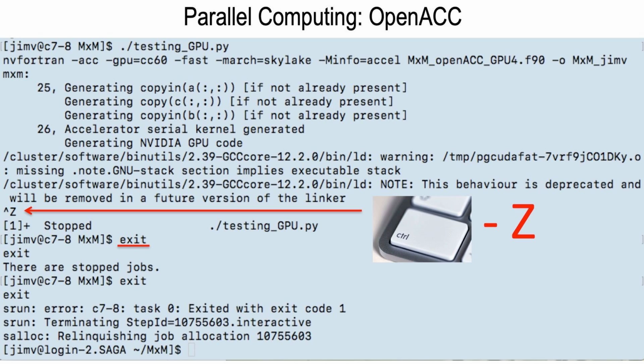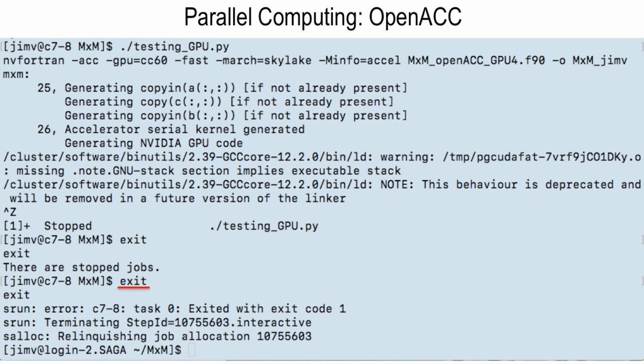To conclude this test promptly, we will use the Ctrl-Z command followed by exit, as the execution is expected to be time-consuming. We also utilize the exit command to log out of the interactive Accel node C78. It's unfortunate that the compiler couldn't parallelize the intrinsic function matmul.